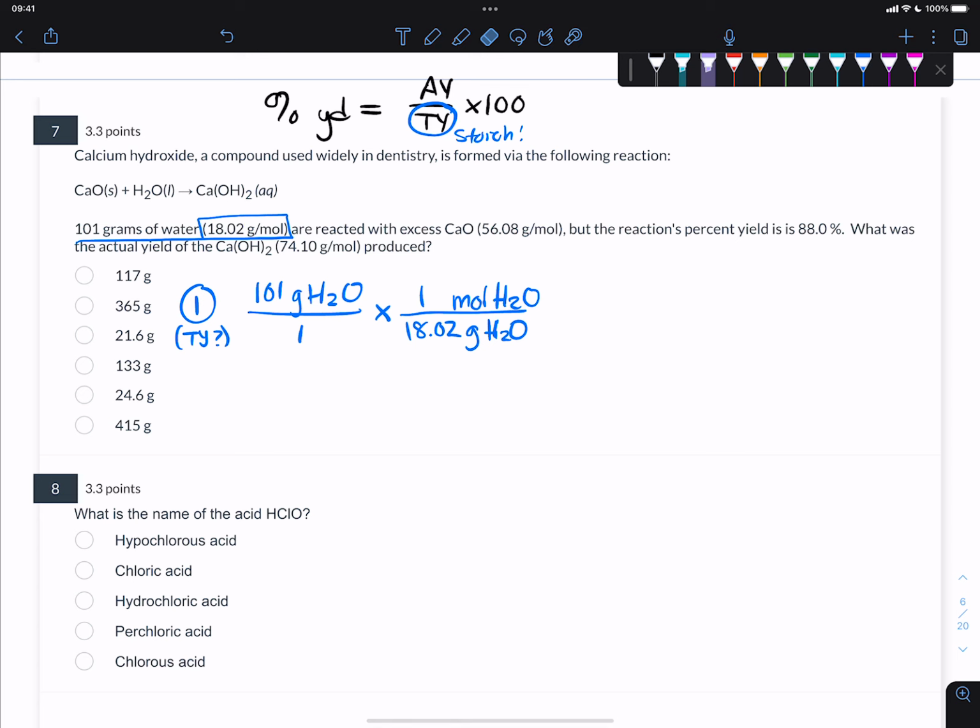Then you keep moving along, crossing out what you don't need anymore. If I were to stop the problem right here, it would literally just be a molar conversion from grams to moles. But moving on though, we don't care about moles of water. What we do care about is going toward our other chemical, and that's going to be our product here, which is calcium hydroxide.